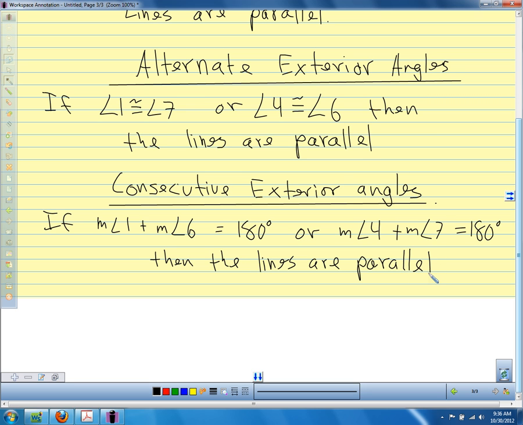So we have 5 different ways that we can show that 2 lines are parallel, just by figuring things out about the angles. Now in our homework and problems like these, a lot of times they'll ask you to give a reason why the lines are parallel. And the reason would be something like alternate exterior angles, alternate interior angles. So it's just asking you, what angles do you know that match up with our reasons?